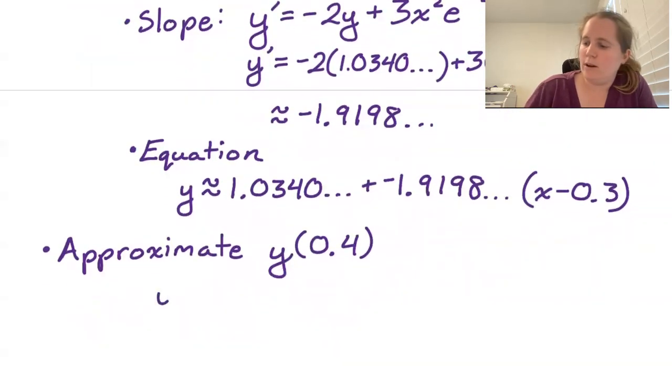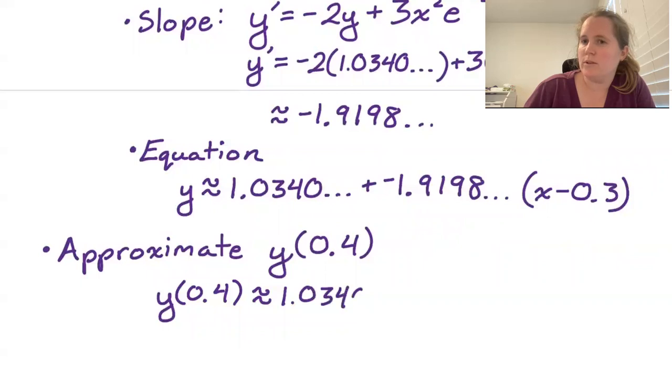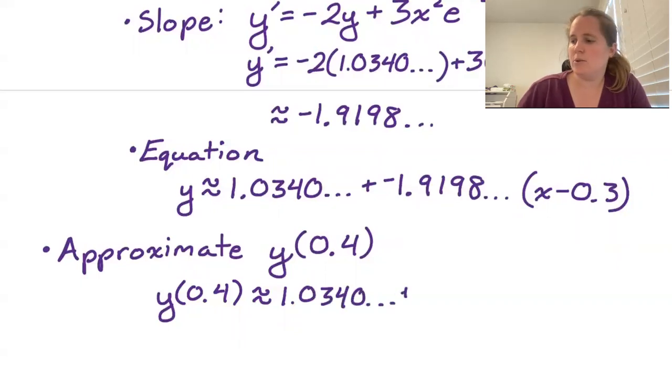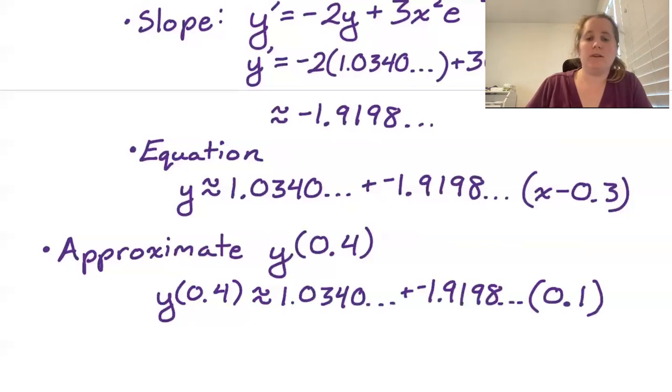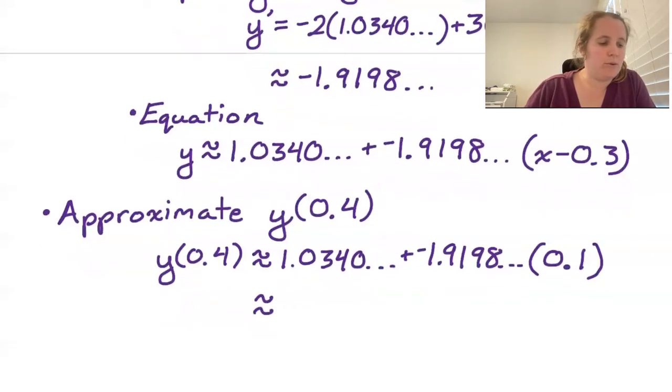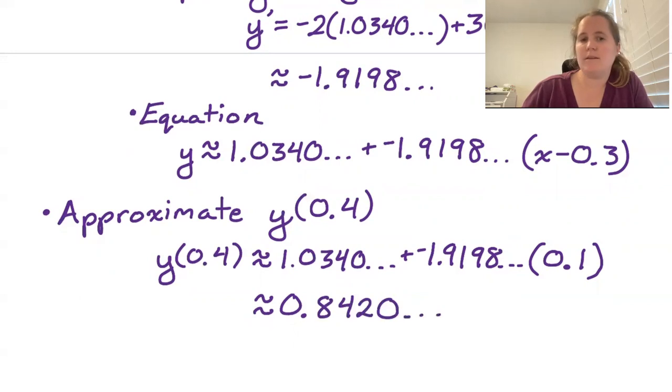So we have y of 0.4 should be approximately 1.0340 plus negative 1.9198 times 0.1. 0.4 minus 0.3 is 0.1. And this gives us y of 0.4 should be approximately 0.8420.